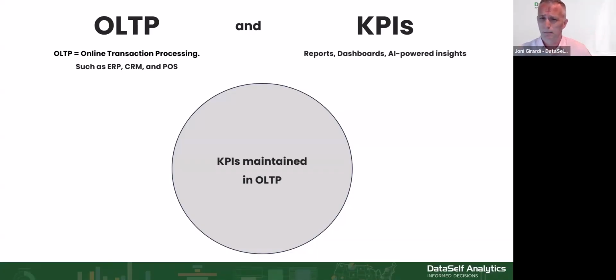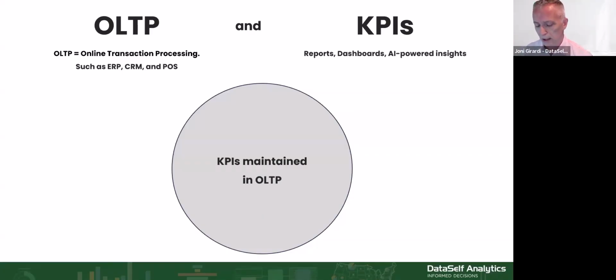Usually when I talk about KPIs, I'm specifically talking about supporting the decision-making process, primarily reports, dashboards, and nowadays, AI-powered insights. Quite often, companies can get a lot of their KPIs, or all the KPIs, from within their OLTP systems. If you go to your ERP, you can find the reports and dashboards and make decisions.